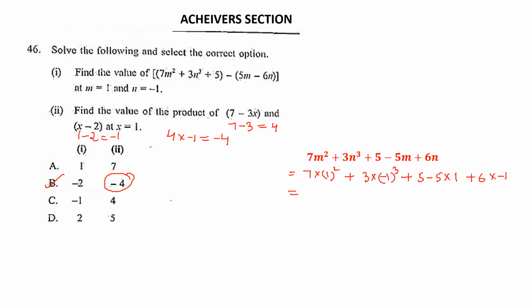If you solve it, it will be 7, minus 3, then plus 5, minus 5 and minus 6. So 5 and minus 5 become 0. Now 7 minus 3 will give you 4, and 4 minus 6 will give you minus 2 as the answer. So from here also you can see your first part is minus 2 and the second is minus 4. So the correct option is option B.